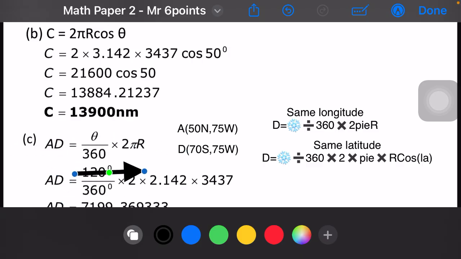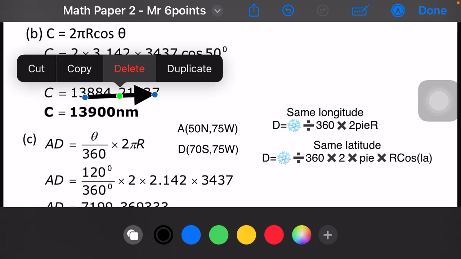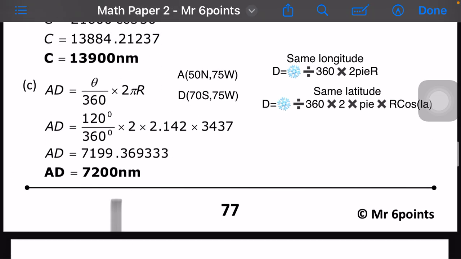The 2 is already there. Sorry, it was a mistake: it's supposed to be 3 here, not 2. The pi is supposed to be 3.142. All these numbers are given to you in the question. After doing that, you simply simplify to find your answer.